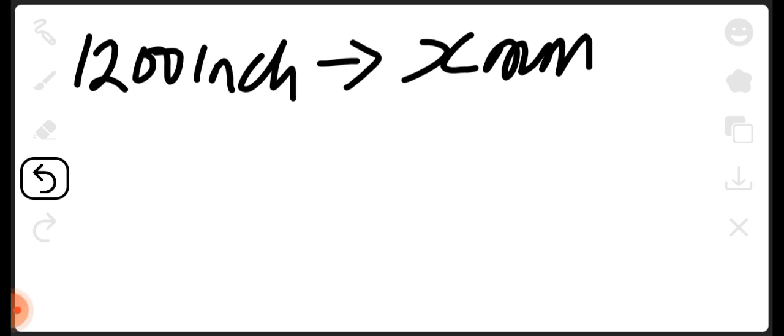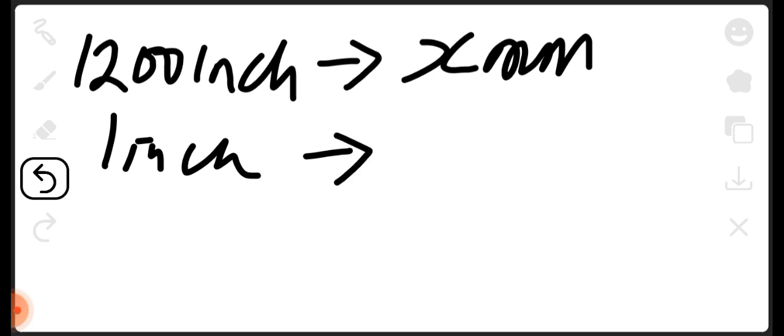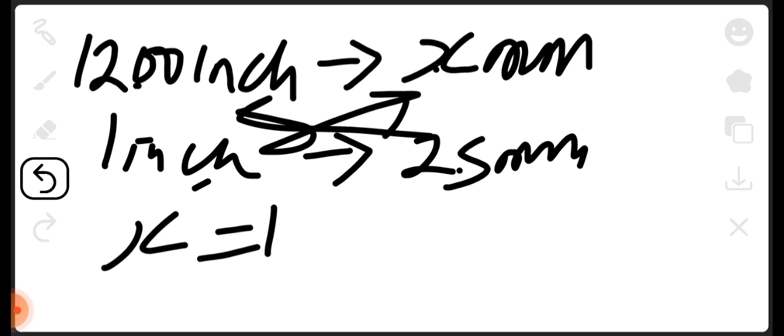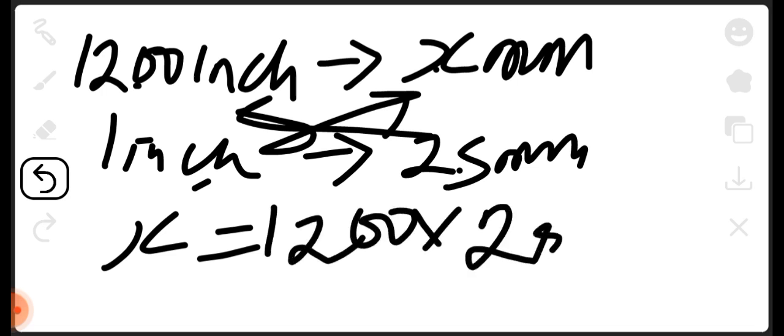I already did that chart. 1 inch is approximately 25 millimeters. So just multiply this times this: x is equal to 1200 times 25. So what is 1200 times 25? 1200 times 25 will give us 30,000.